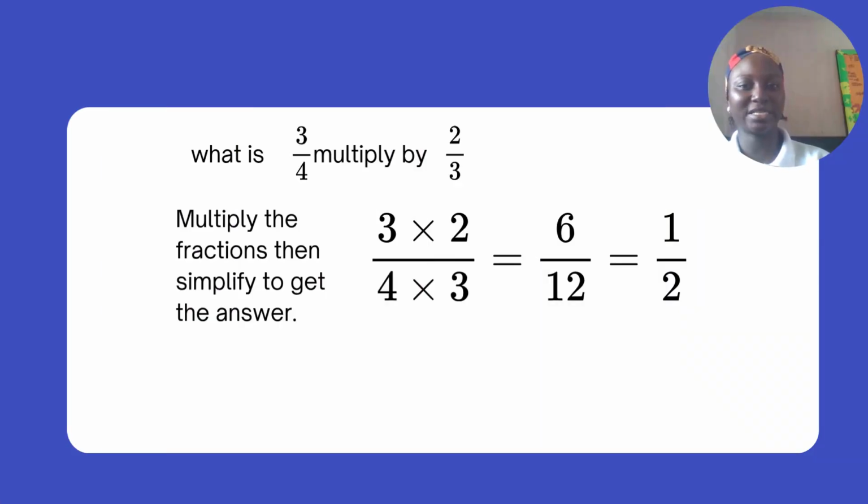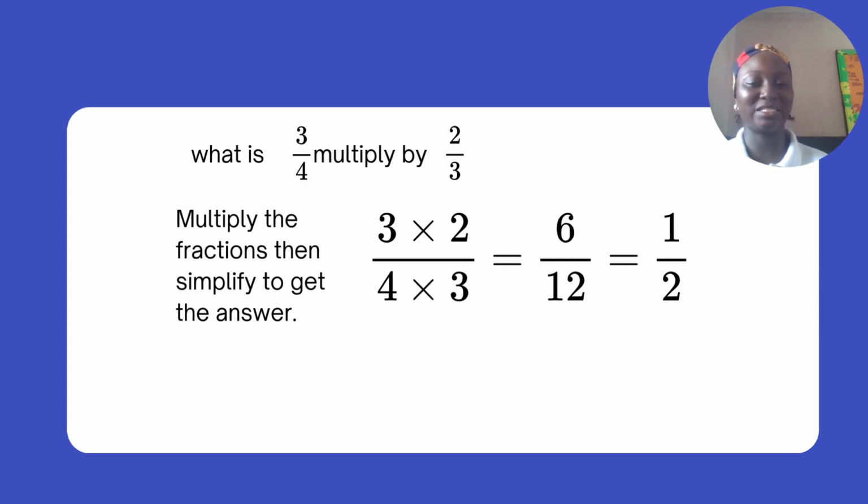Now, following the same rule, let's do this question. What is 3 over 4 multiplied by 2 over 3? The first step is to multiply the fractions, then you simplify your answer. So 3 over 4 of 2 over 3 is the same thing as 3 over 4 times 2 over 3.